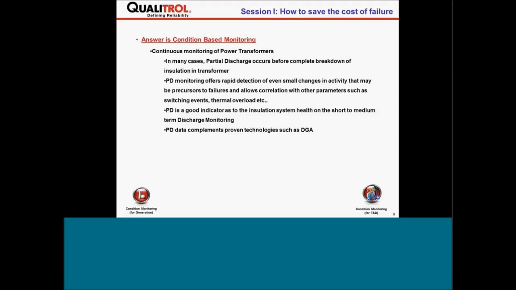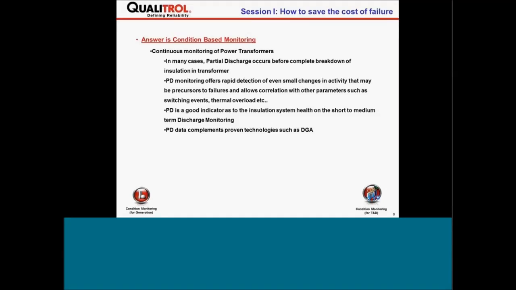DGA has been used for many years, and is really the basis for monitoring at the moment on transformers. It's not that the use of UHF or any other technique would replace DGA. It's rather that the two of them go hand in hand. The use of UHF PD detection is, as I said, an early warning system. It allows good trends to be measured for the PD activity.